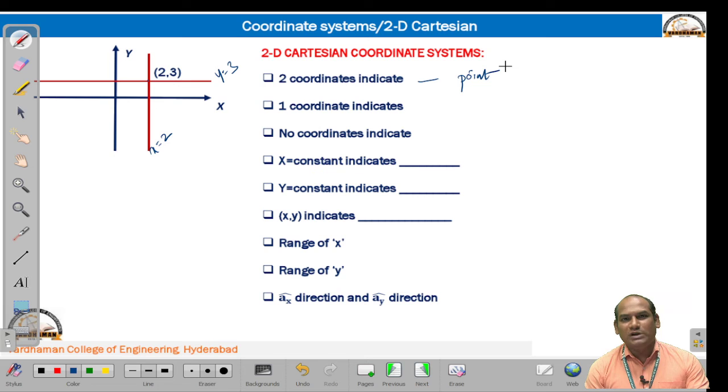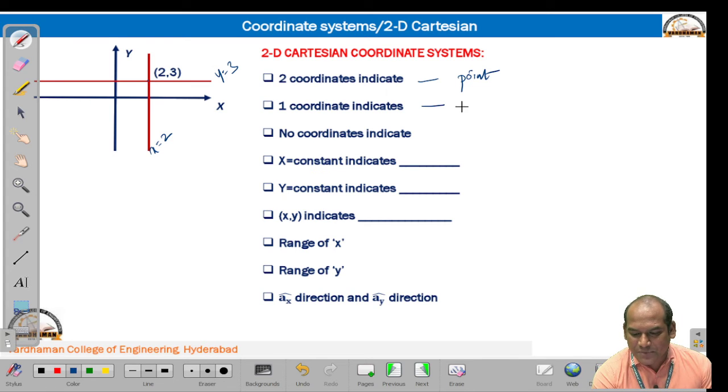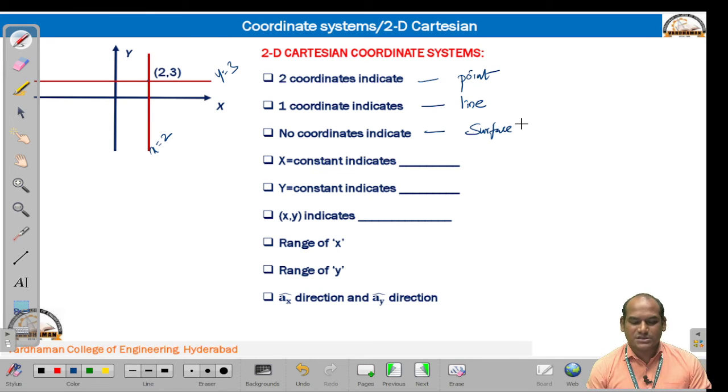But if I give only one coordinate like x, if I give the x value, you can draw a vertical line. If I give the y value, you will draw a horizontal line. So, one coordinate is representing a line. If I give nothing, that means I did not give the x value and did not give the y value, this is representing the surface, the points available on the surface.